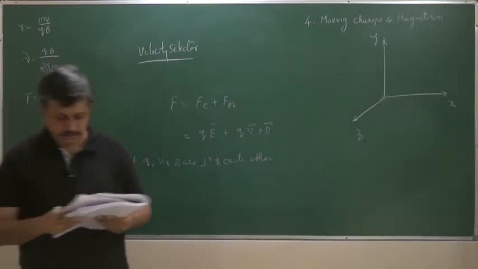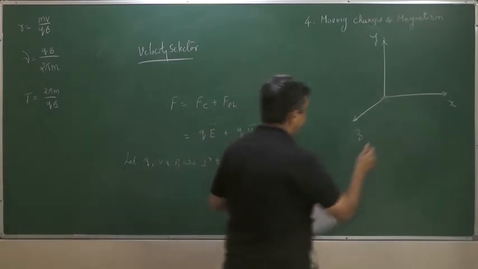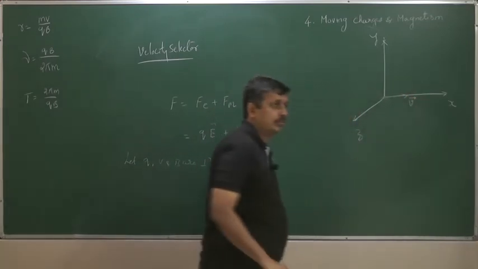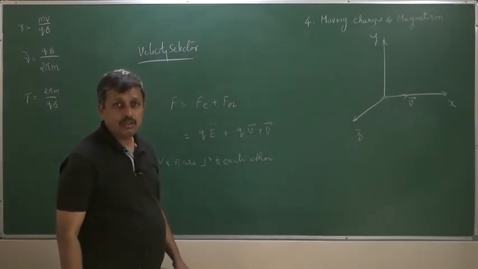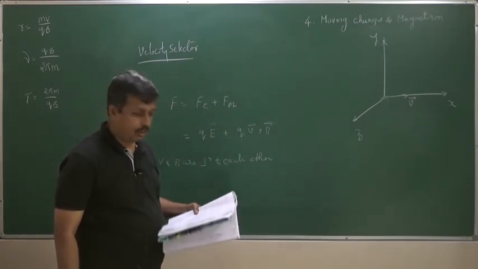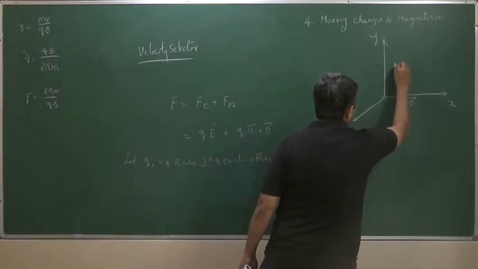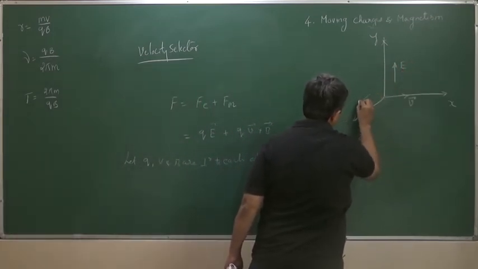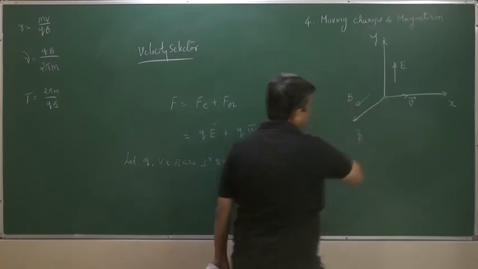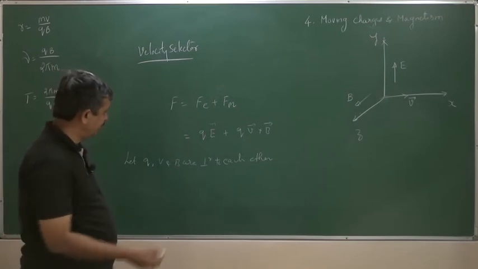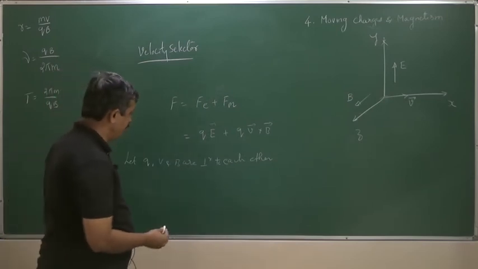In the X direction we will put V, and we will make sure that E is in this direction and B is in this direction, mutually perpendicular directions. Let's write them in the format that we understand.